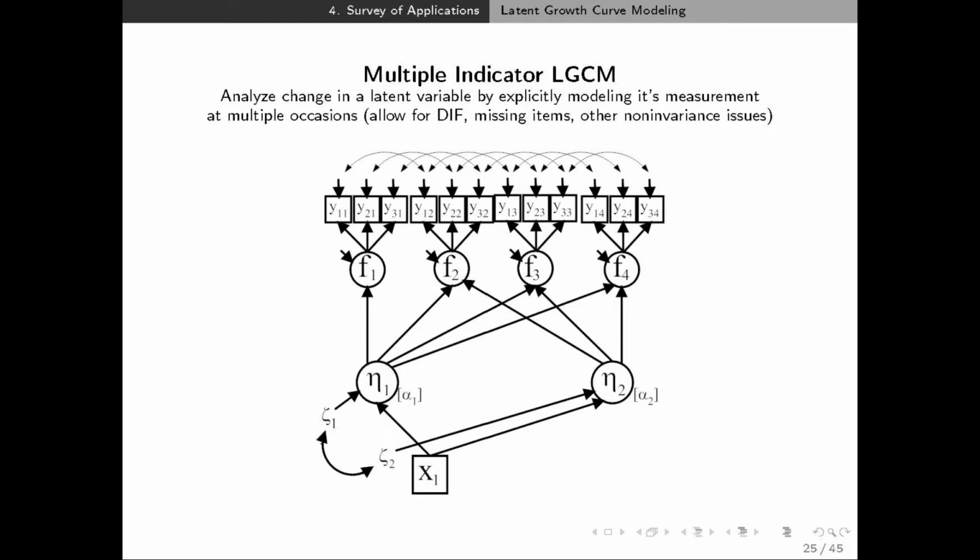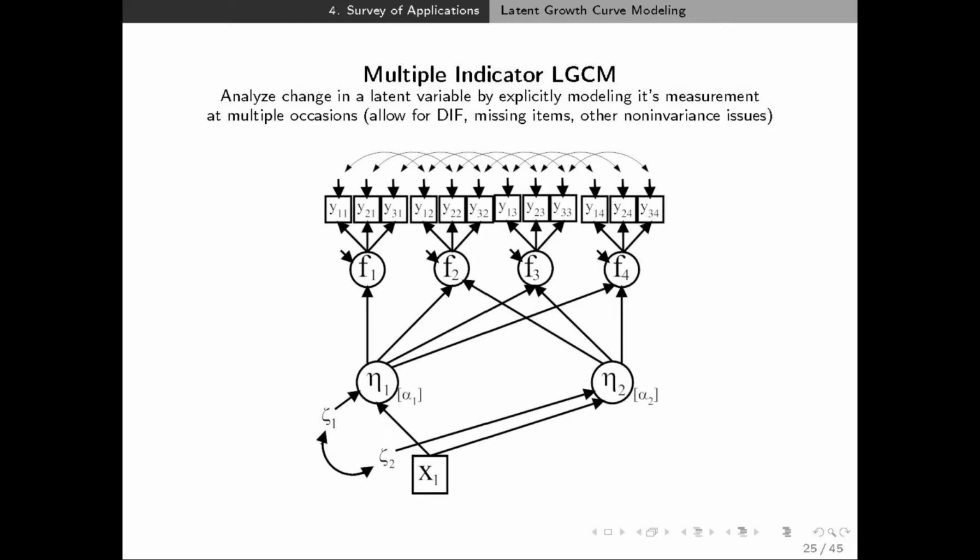And so the factor structure for the measurement model for the latent variable is here, and this can be the same or different over time. You can test whether it's appropriate or helpful to allow that to be different over time. But we can still capture changes in that latent variable over time.